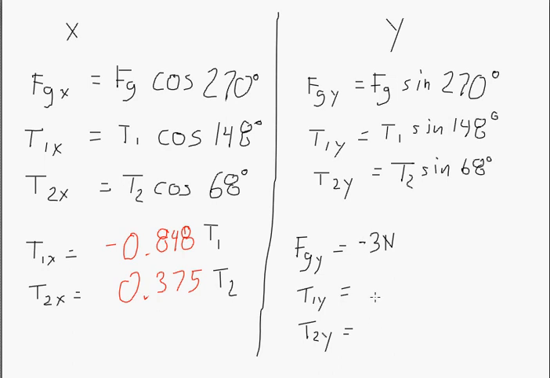And then we're going to go T1, which is sine 148, and you should get 0.53 T1, and let's put 0 here in front. We should also do a sine 68, and you should get 0.927 T2. So now we have these three values.